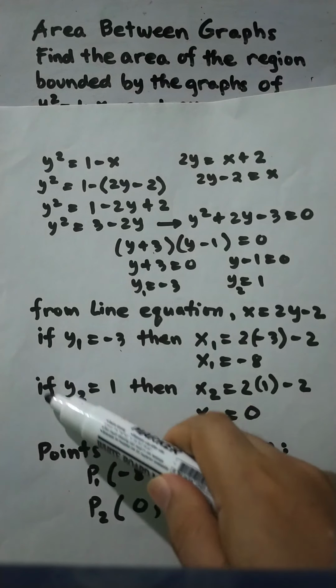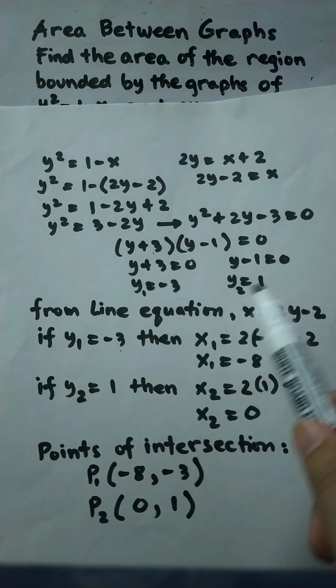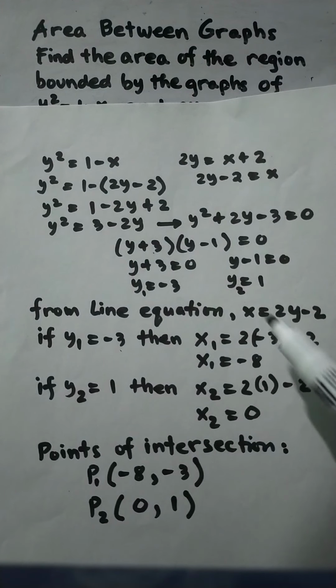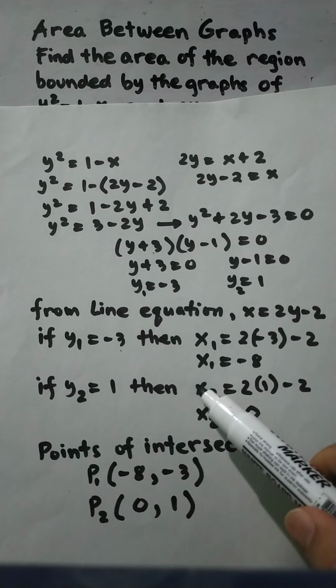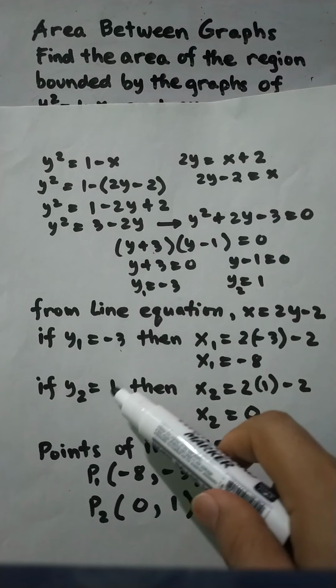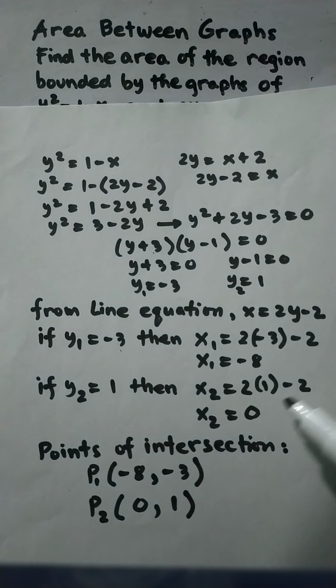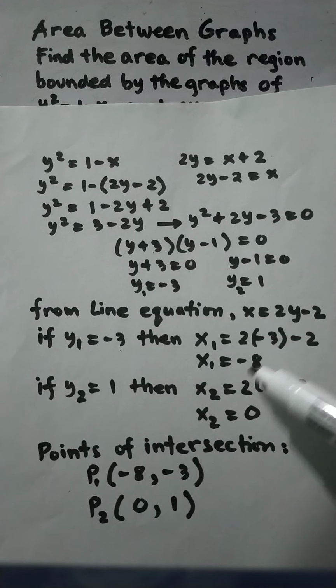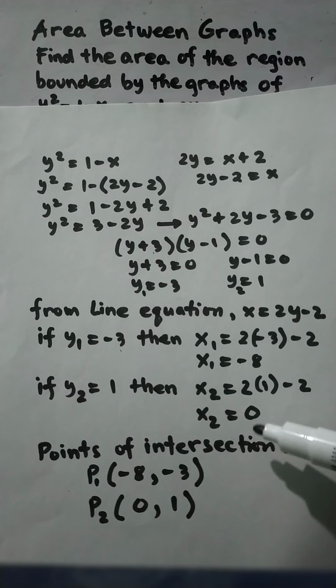And if my y sub 2 equals 1, this is the other value of y, then substitute the value of 1 into my equation of a line. X sub 2 equals 2 times 1, 2 minus 2, that is equivalent to 0. So in other words, I have here x sub 1 equals negative 8 and x sub 2 is equivalent to 0.